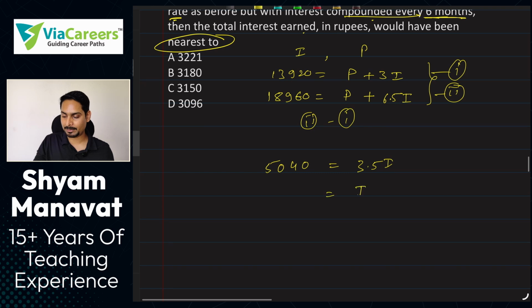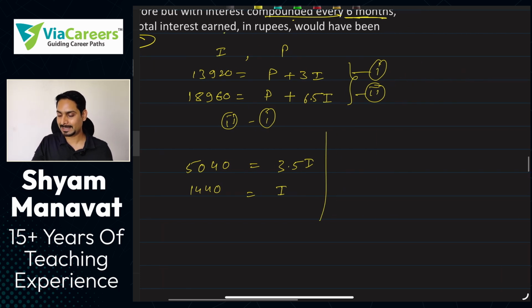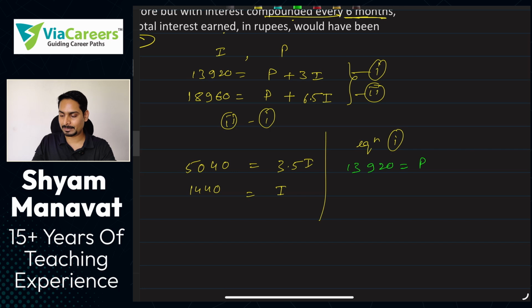If you calculate the value of I, it should be 1440 in this case. If I is 1440, then what should be the principal? If I use equation number 1, then 13920 equals the principal we need to find out plus 3 into 1440.